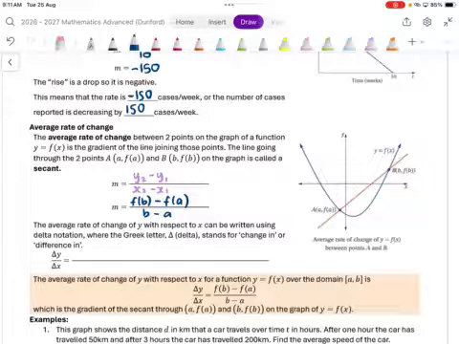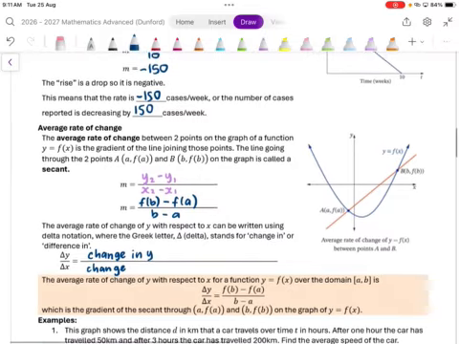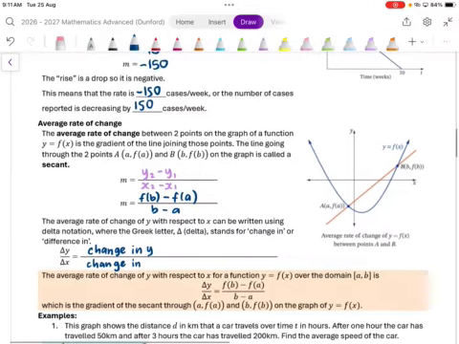So delta y over delta x is equal to the change in y over the change in x. When we're talking about a fraction like this, we can also say that it's the change in y with respect to the change in x, okay? So when it's down the bottom, we say that it's with respect to.